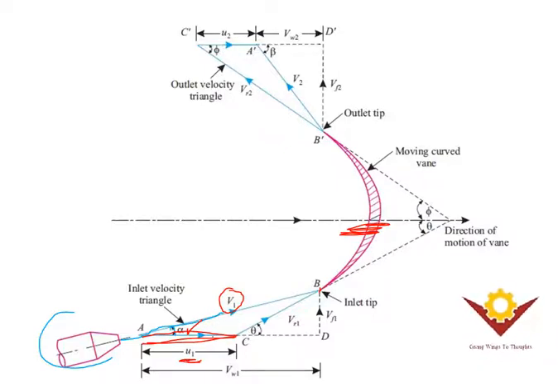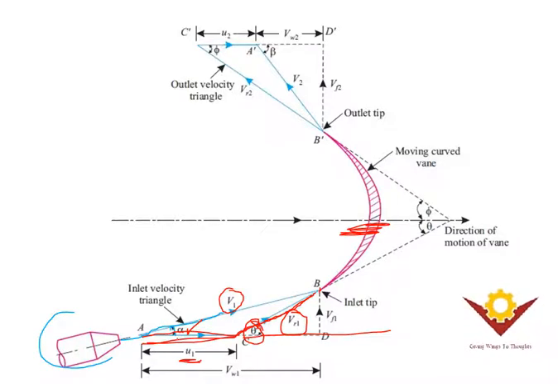And for these two, we have a velocity which we call a relative velocity, and by that you can draw a line here which is like Vr1, and this relative velocity is making some angle with respect to the horizontal, and that angle is theta, we call it as blade angle.